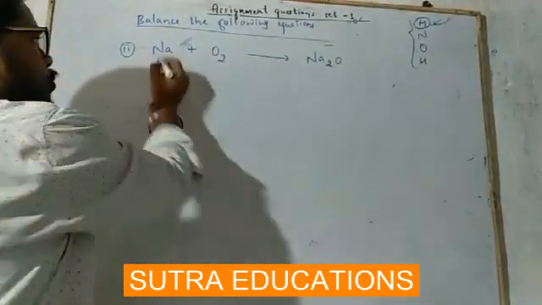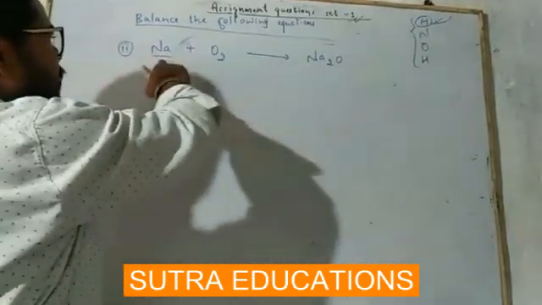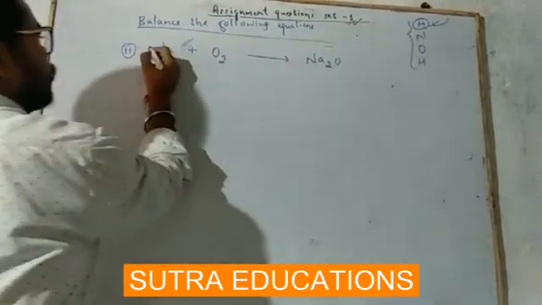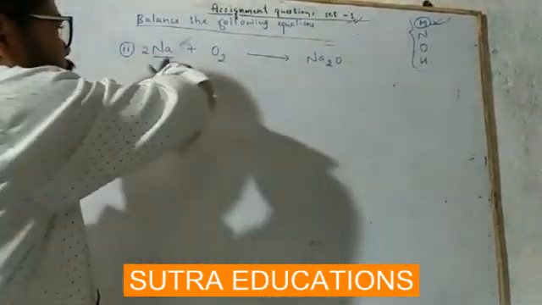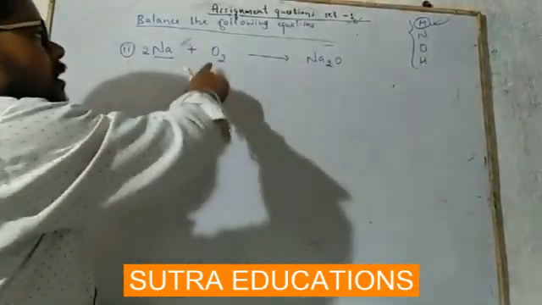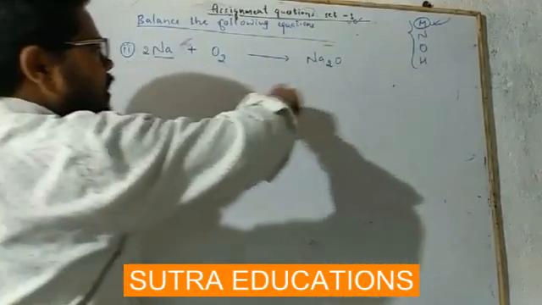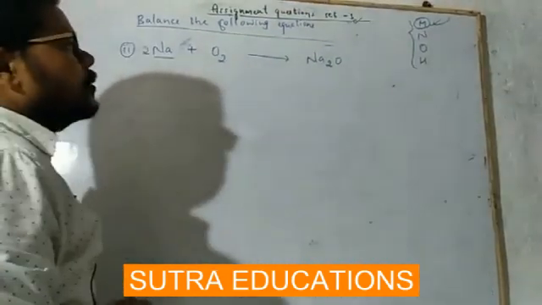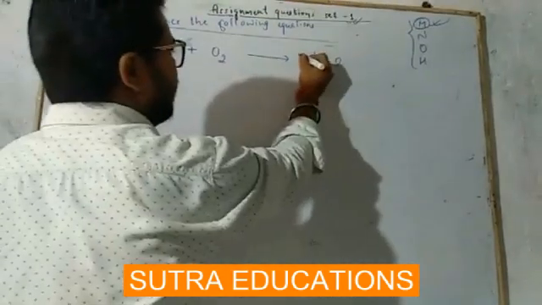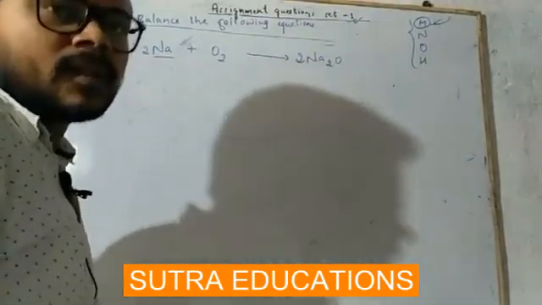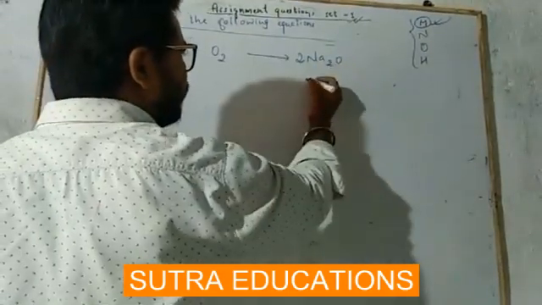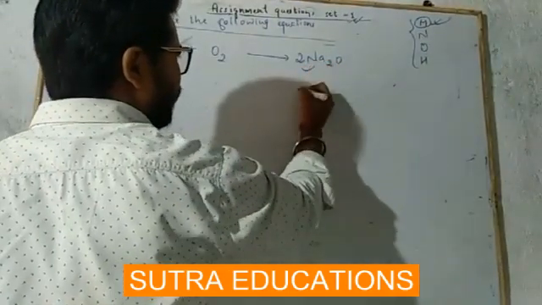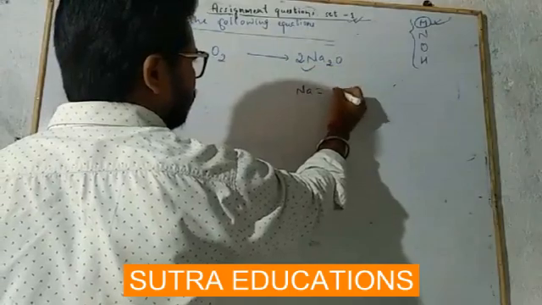So sodium is metal here, so sodium here it is 1, here it is 2, so multiply it with 2. Now sodium both side number of sodium atoms is equal to 2. Oxygen here 2 and oxygen here is 2, means you have to multiply it by 2. So when you multiply this side by 2, oxygen will become 2 and sodium will become equal to 4.